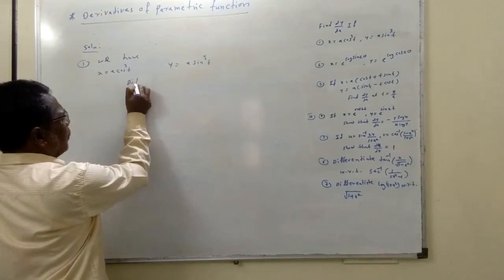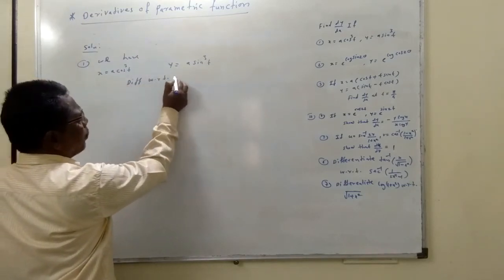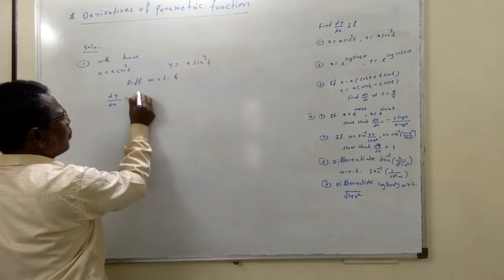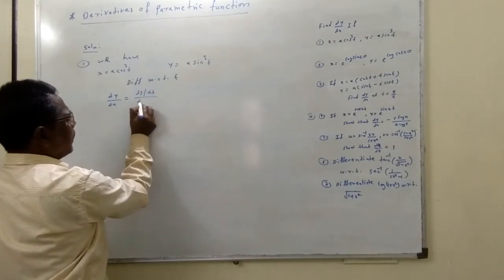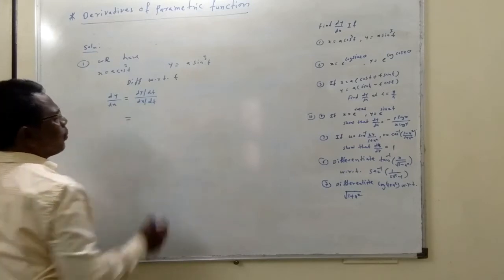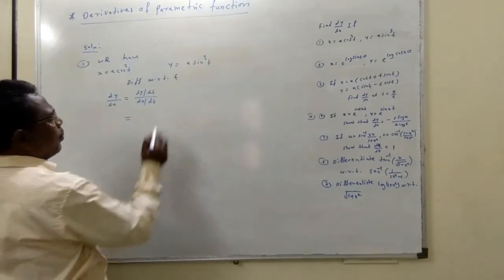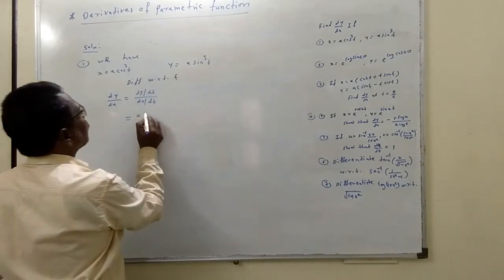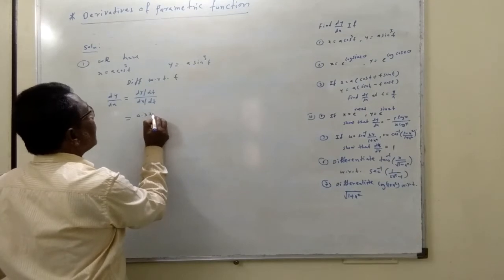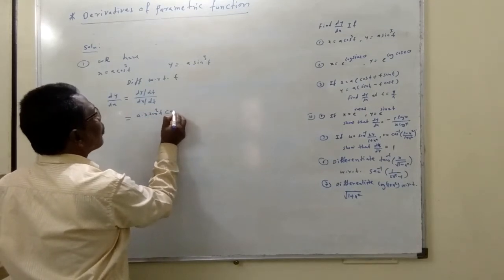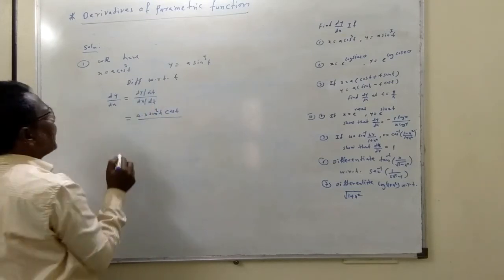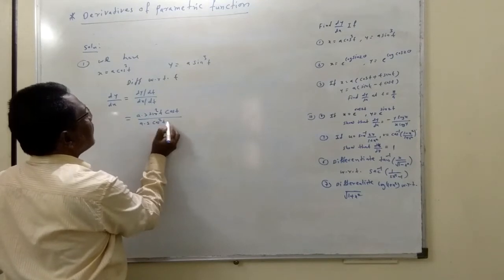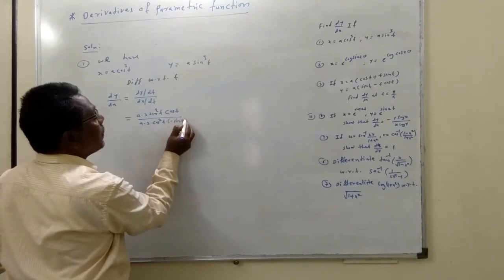Now differentiate with respect to t. Our requirement is to find dy by dx. So dy by dx is equal to dy by dt divided by dx by dt. Now you differentiate y with respect to t. The derivative of a sin cube t, a is constant, sin cube means sin bracket cube, so that is a power function: 3 sin square t, and the derivative of sin is cos t, divided by the derivative of x with respect to t, so a into 3 cos square t, and the derivative of cos is minus sin t.